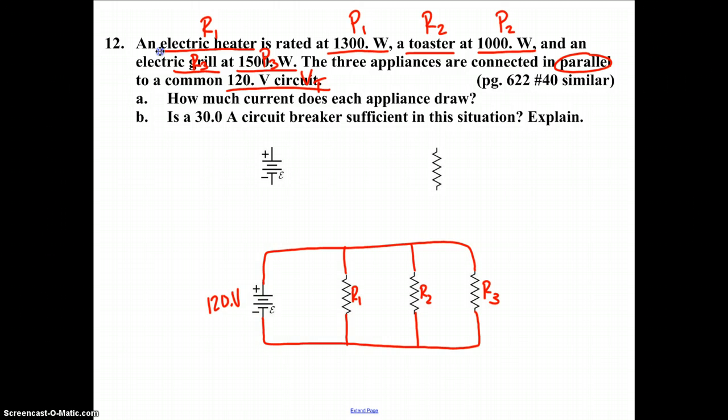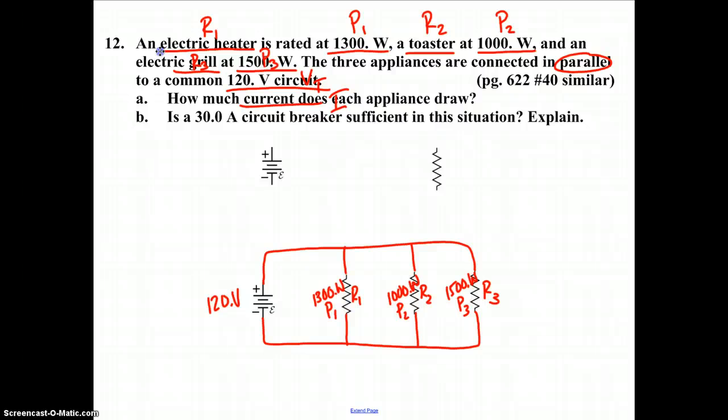Let's also label the power dissipated or used by each one. 1300 watts, that's P1. 1000 watts, that's P2. And 1500 watts, that's P3. Okay, how much current does each appliance draw?